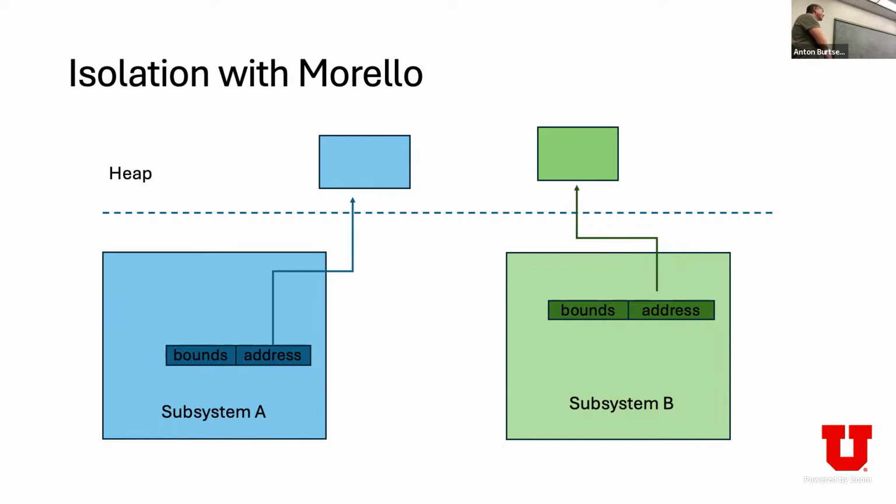Yes or no? What does move mean? When A passes a pointer to B, A loses access to the object on a heap. Does it work this way in Cherry or not? Does A lose access to this object O1 or not? Not, right? Why?